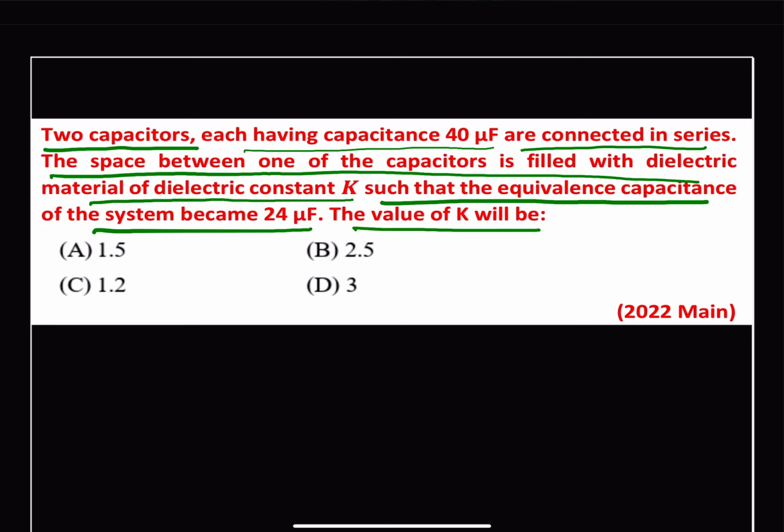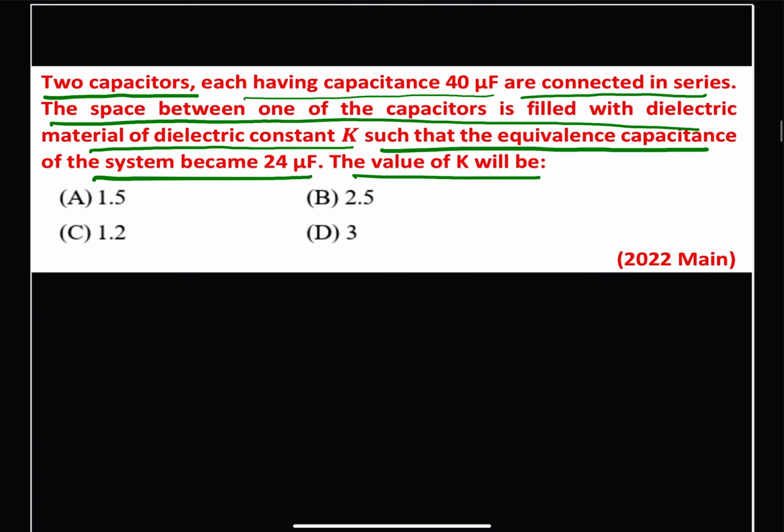So here we are given that we are having two capacitors and they are connected in series. So let us consider we are having two capacitors C1 and C2. They are connected in series. Capacitance is the same, which is 40 microfarad.